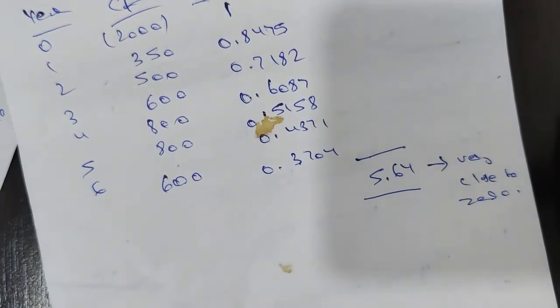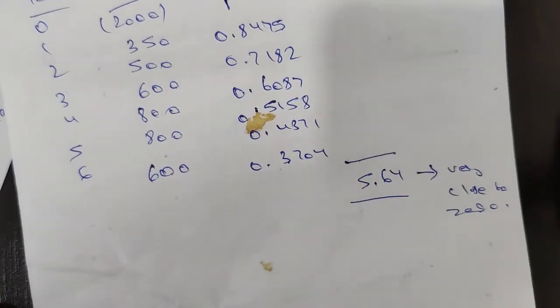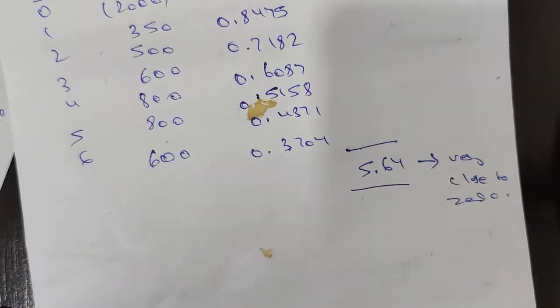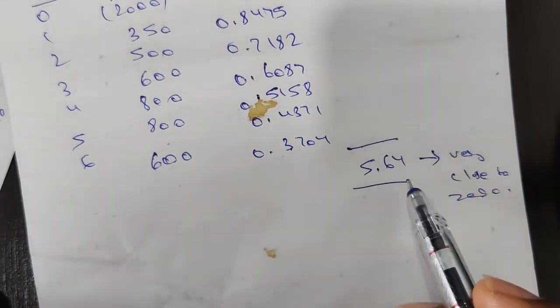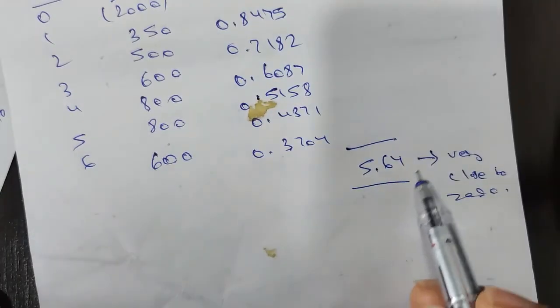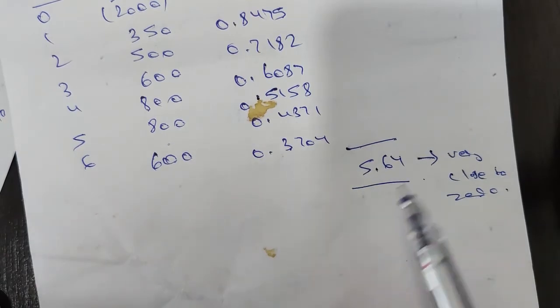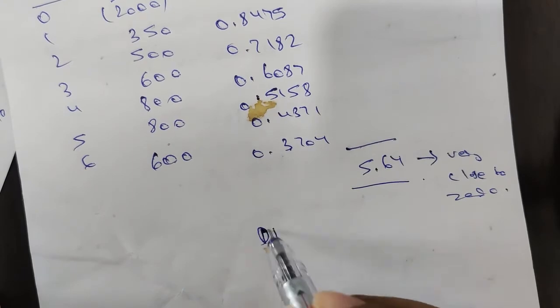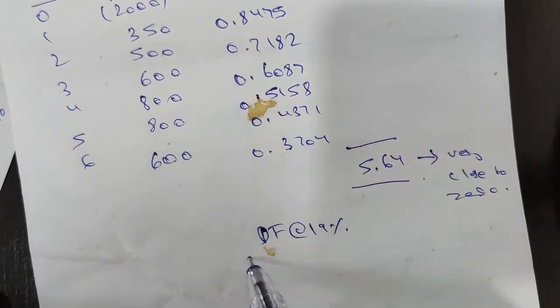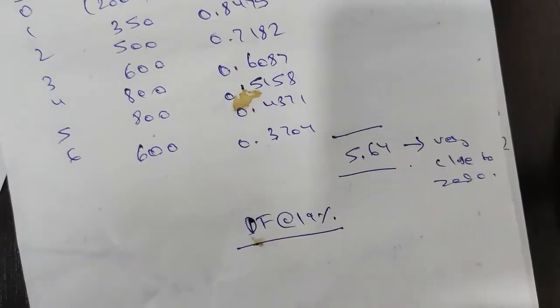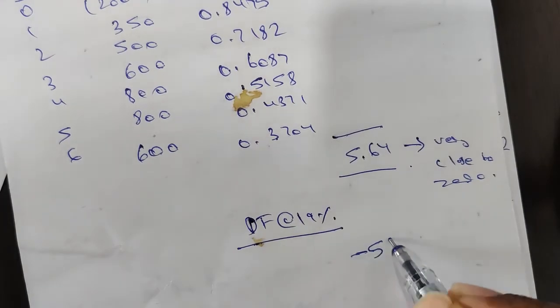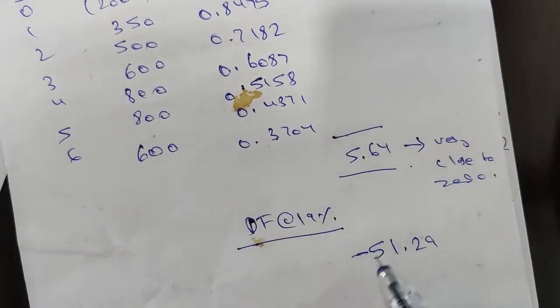And you need 2 values for calculating your IRR. Now see, at 18% it is positive and very close to 0. So the next is discounting factor at the rate of 19%. So now if we use that, our NPV comes to 51.29.